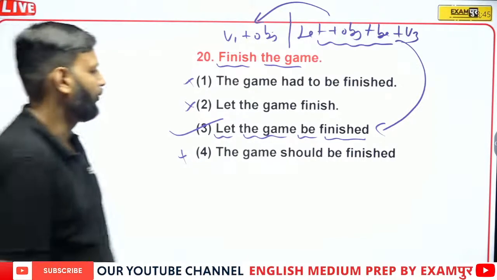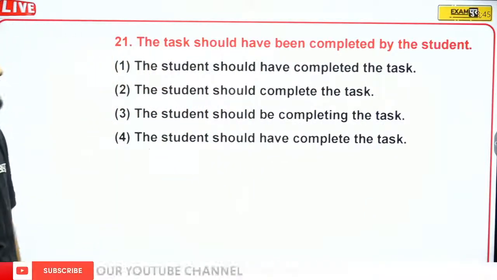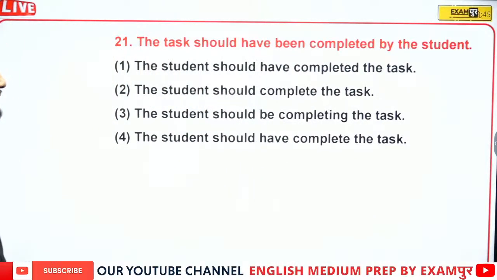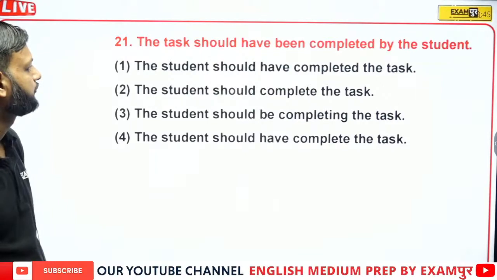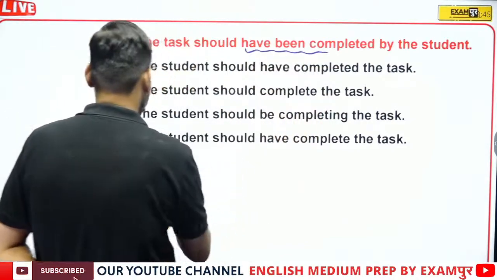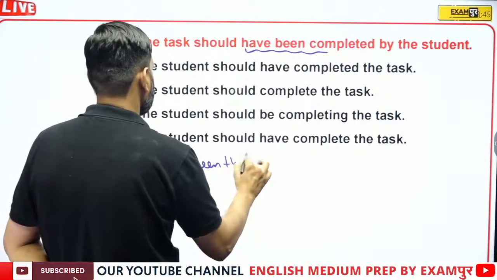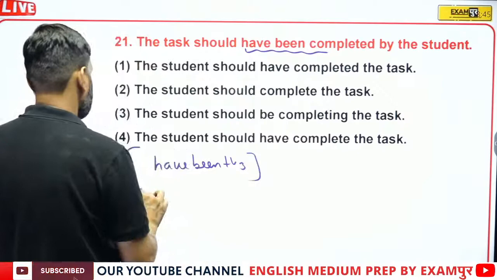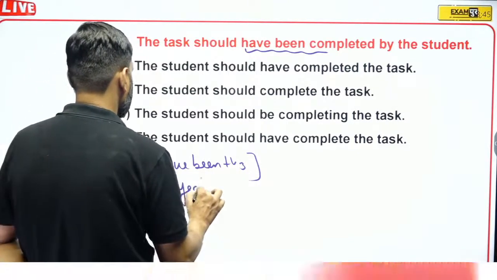Okay, now 21. The task should have been completed by the students. See, this sentence is already in passive, with have been plus V3.